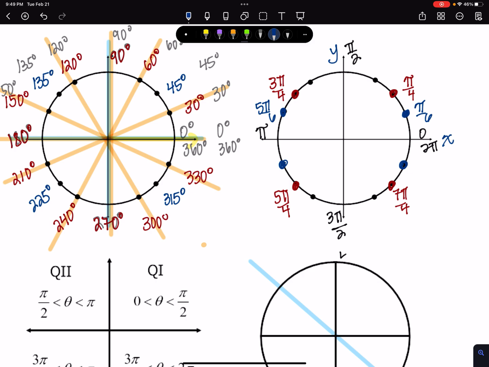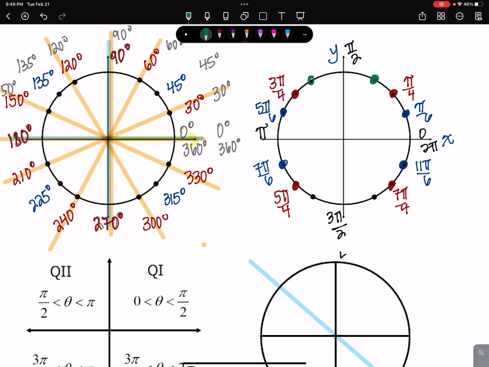That's your next angle that's closest to the x-axis. The next angle that's closest to the x-axis in quadrant 3, 6 pi over 6 reduces, 7 pi over 6 does not. 8 pi over 6 reduces, 9 pi over 6 reduces, 10 pi over 6 reduces, 11 pi over 6 does not. Then we've got our pi over 3s.